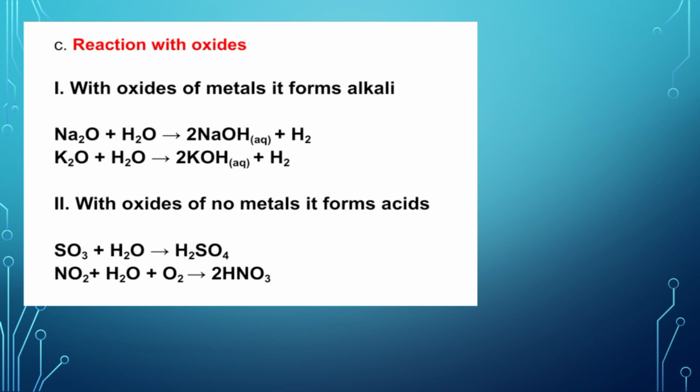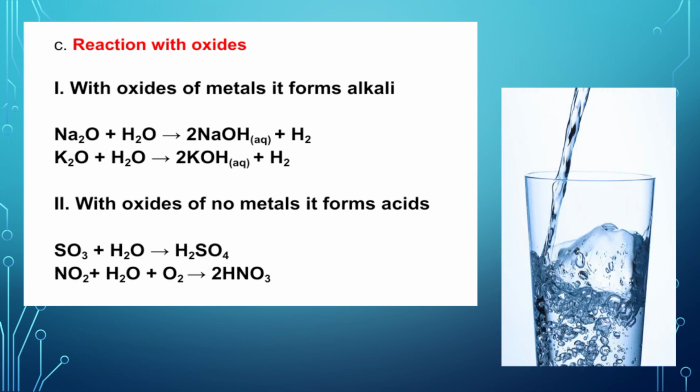If we have something like XO3 as an acid anhydride, if we dissolve in water, it's going to give us tetraoxosulfate 6. This SO3 is sulfur 6 oxide, and NO2 in the presence of water and in the presence of oxygen will give us hydrogen trioxonitrate 5. That is for reaction of water with oxides.